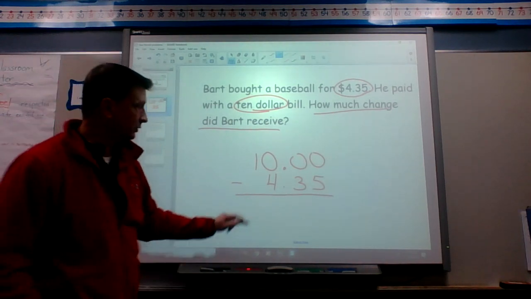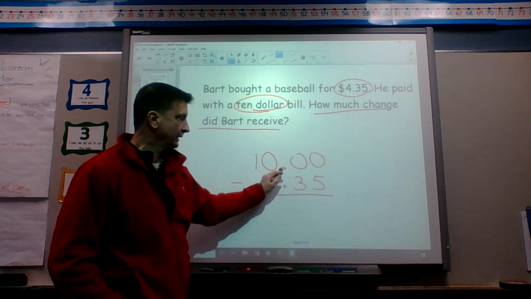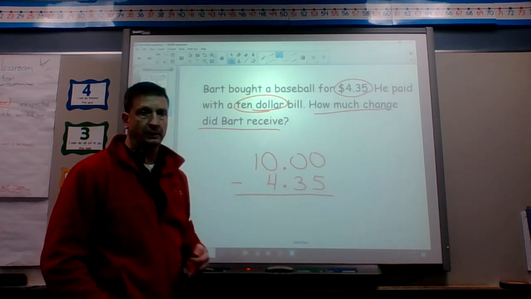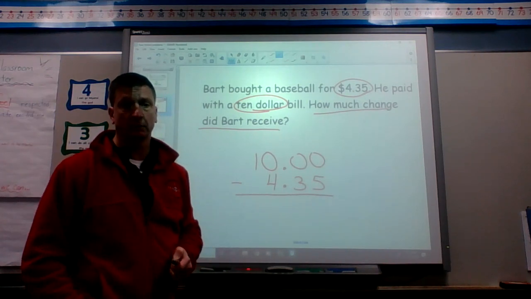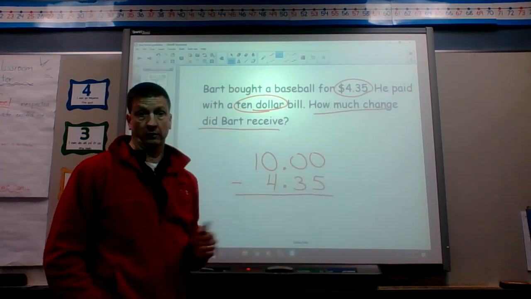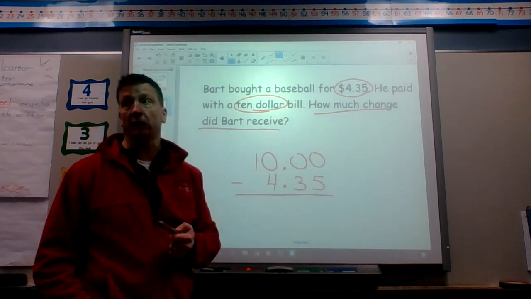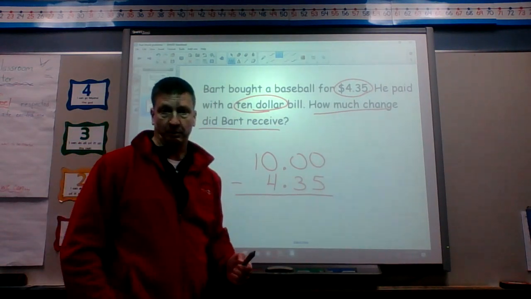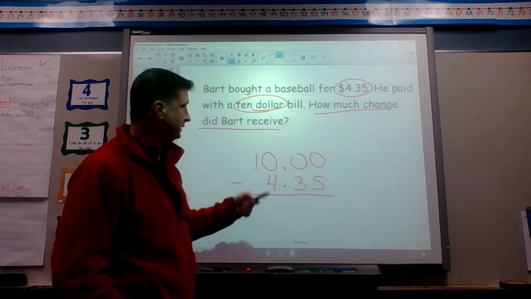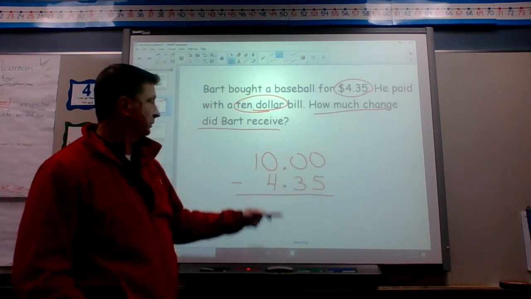So the big thing here is we need to make sure that we're subtracting and lining up our decimal points. Now we also look at here, we're trading across zeros, and we're trading across 3 zeros, which can be a challenge for some of you 5th graders, because we can't subtract 5 from 0. And so we need to regroup.